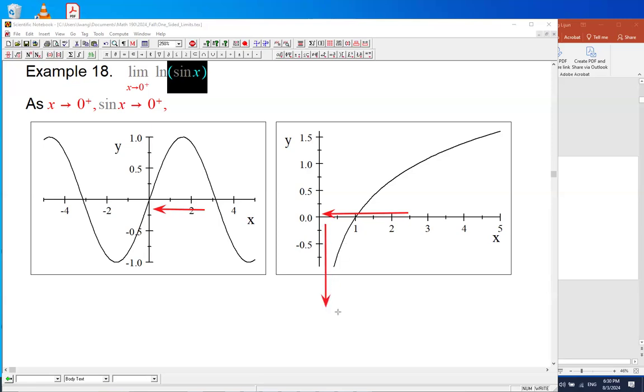So that's where the curve goes down to. So the conclusion is that this is going to be negative infinity. So this requires us to be familiar with these two basic functions, all right?